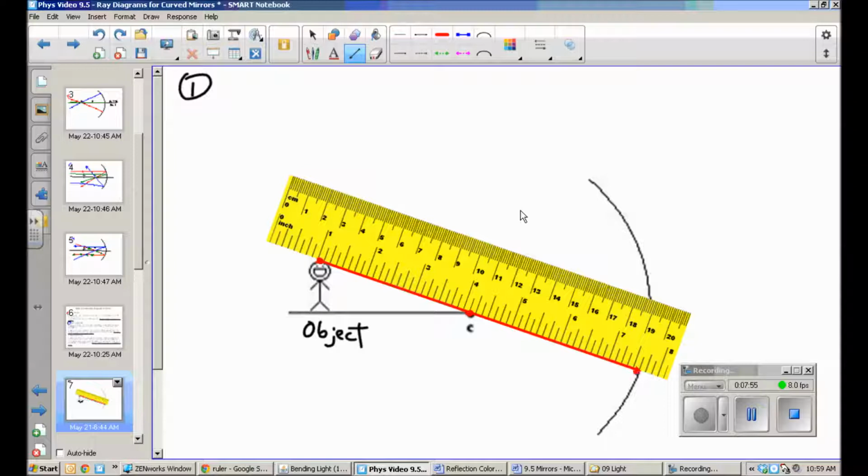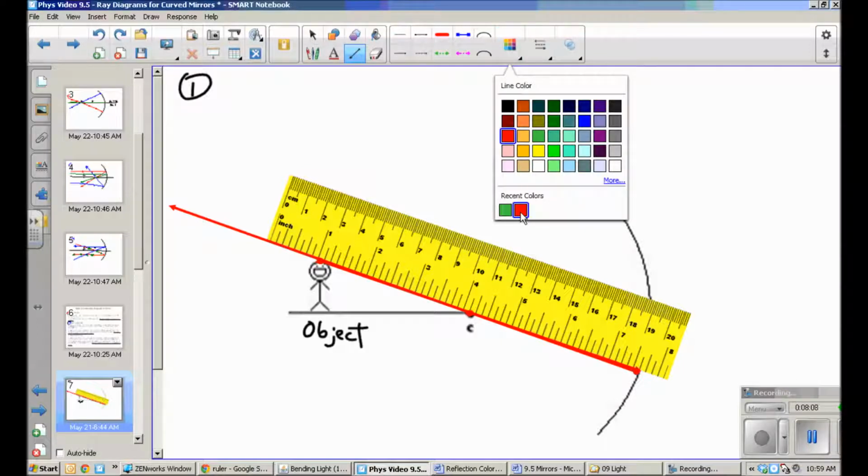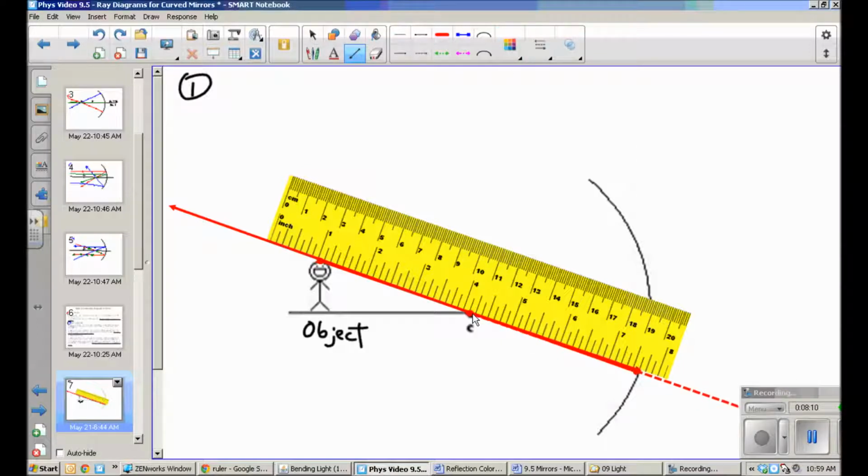So the reflected ray is just going to go straight back this way. And just like we did with plane mirrors, we're always going to have to extend our reflected beam. So I'm going to now use a dotted line and extend it back the way that it came from. So there we go. That is beam number 1.